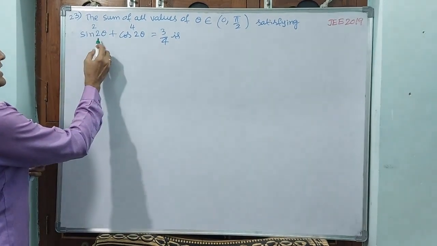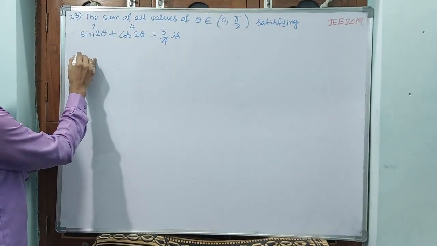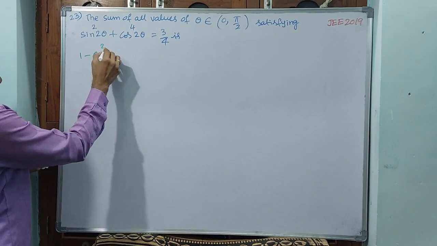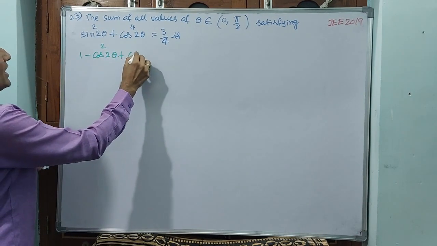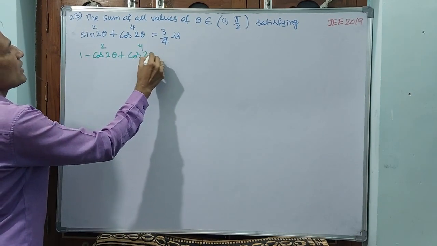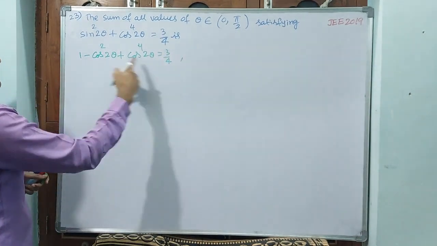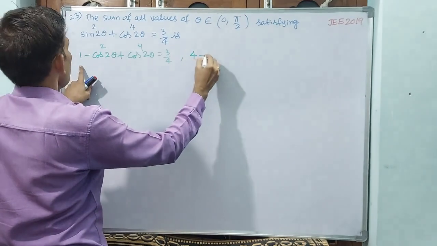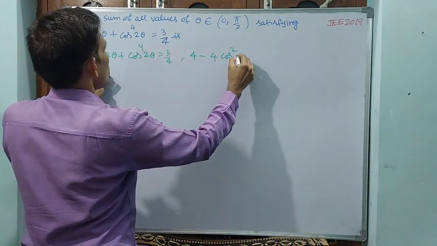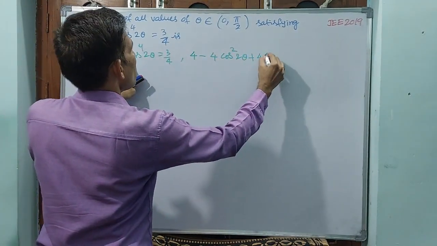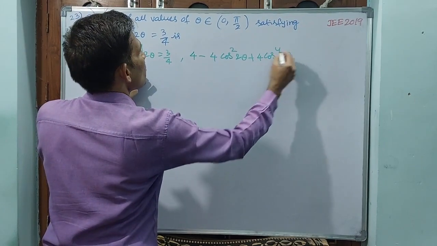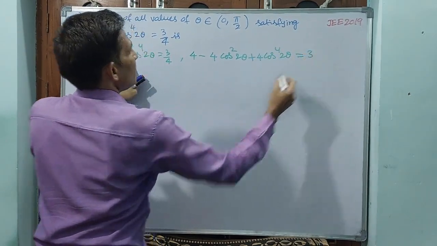See, shall I convert this also into cos? 1 minus cos square 2 theta plus cos to the power of 4 2 theta is equal to 3 by 4. Okay, then you cross multiply by 4 this side. 4 minus 4 cos square 2 theta plus 4 cos to the power of 4 2 theta is equal to 3.